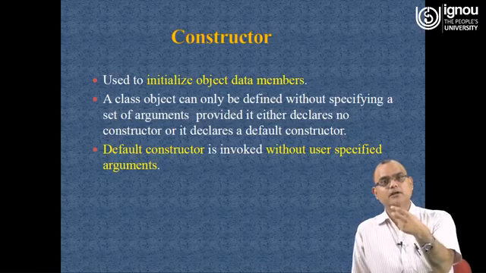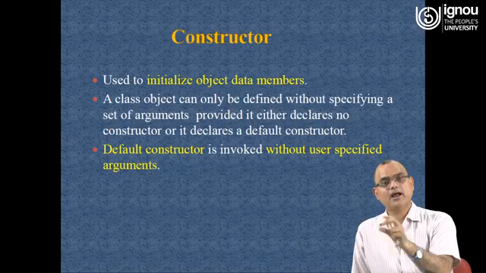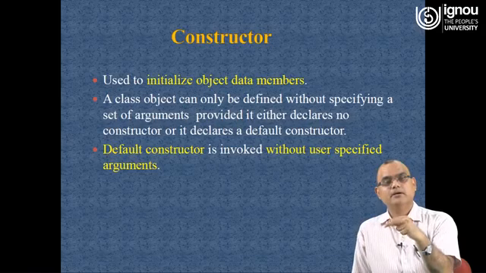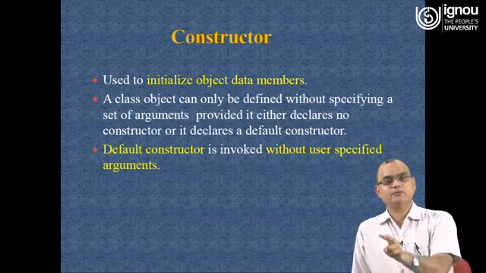Overloading can be understood by example. Suppose there is a class, let us say Add, and that Add class has some methods to find the sum of different values. It may be the sum of two integers.